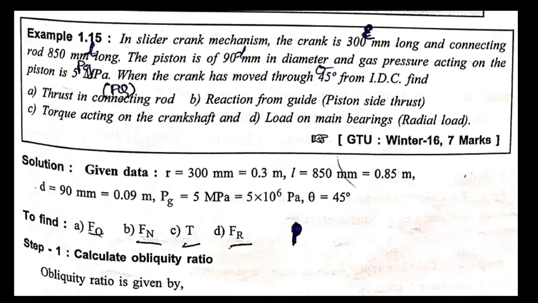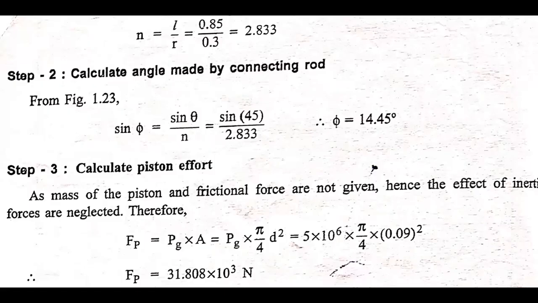So first we have to calculate the obliquity ratio, which is equal to the ratio n equals L by r, which is 0.85 divided by 0.3, which is equal to 2.83.